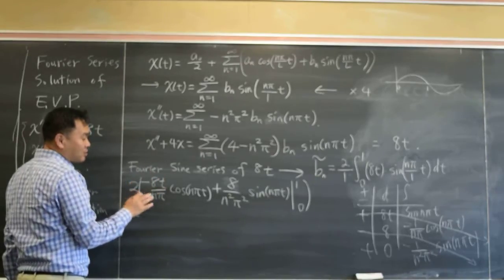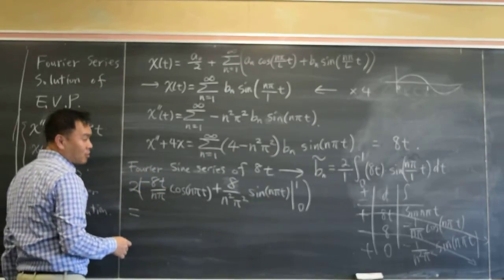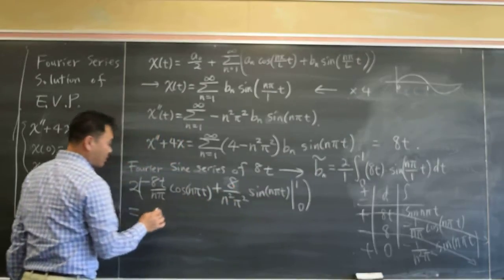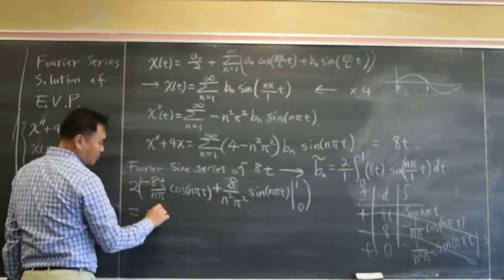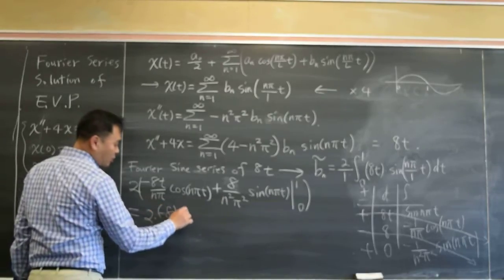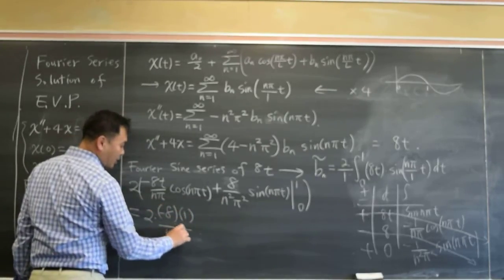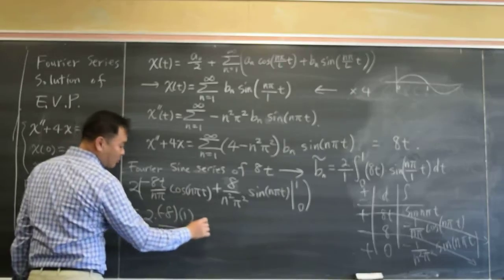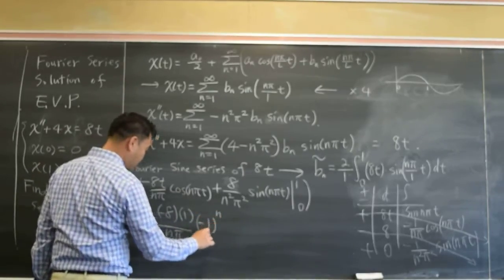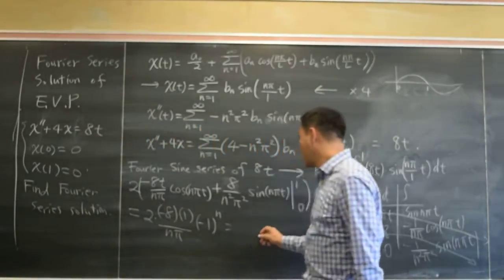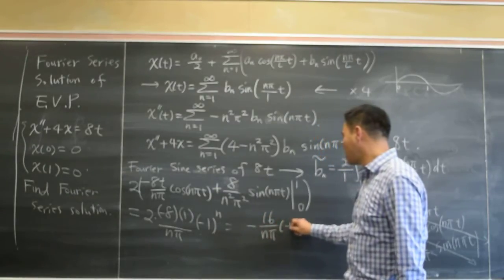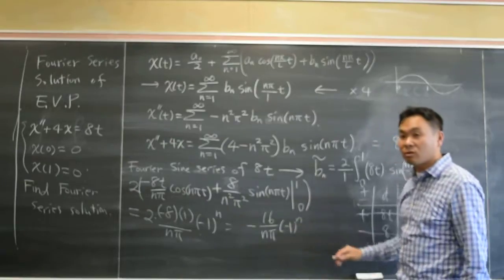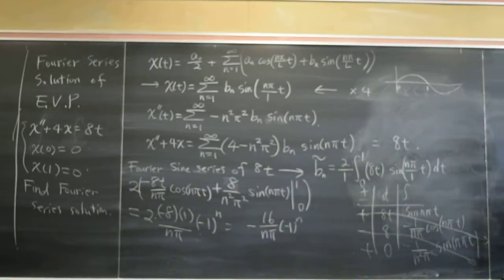So the only time that this produces a non-zero number is when 1 is plugged in, in which case you get 2 times negative 8 times 1 over n pi times cosine n pi, which is negative 1 to the nth power, which is negative 16 over n pi, negative 1 to the nth power. That's your Bn tilde. Okay?